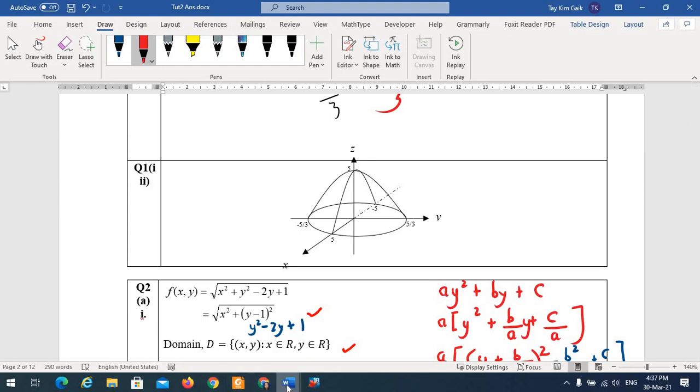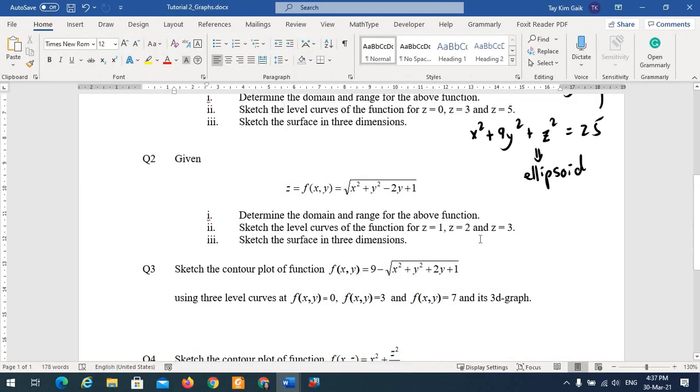So this is an ellipsoid. Equation 2, when you square it back, you get z squared equal to x squared plus y minus 1 squared.